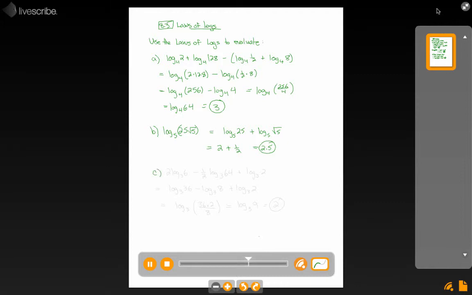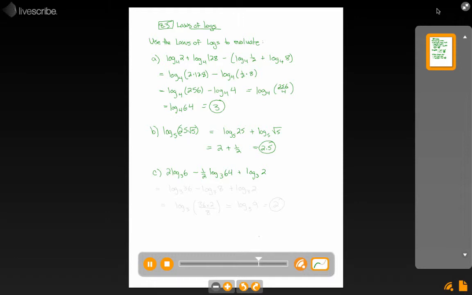The third and last one of these I want to do is, I've got 2 times log base 3 of 6 minus a half times log base 3 of 64 plus log base 3 of 2. Now these ones individually, again, are really ugly answers.